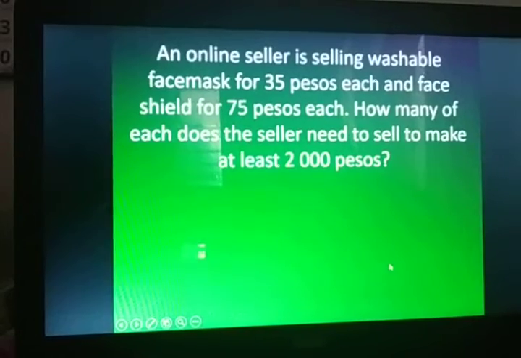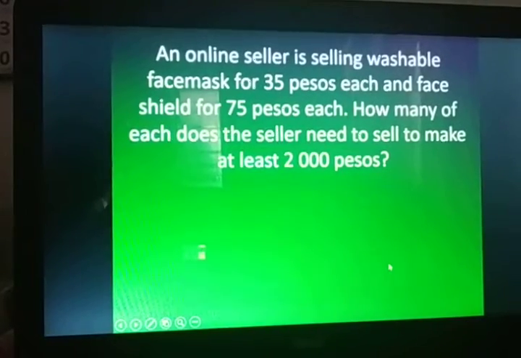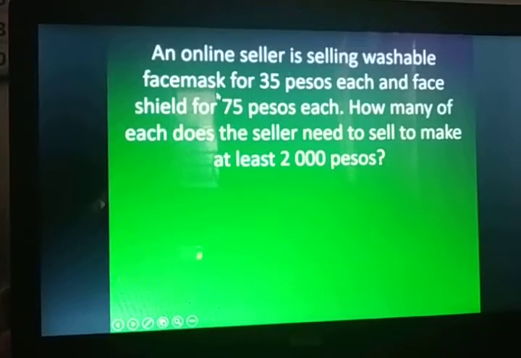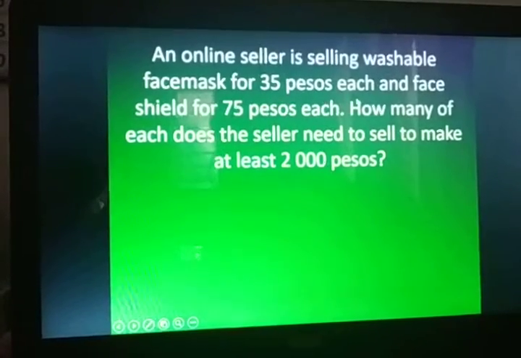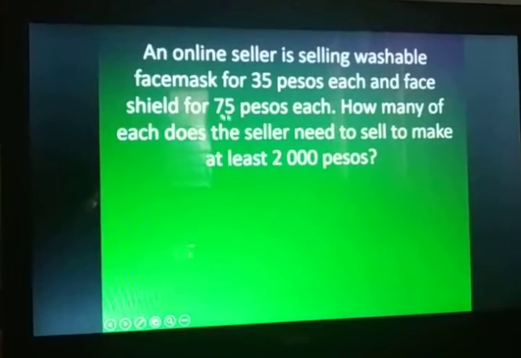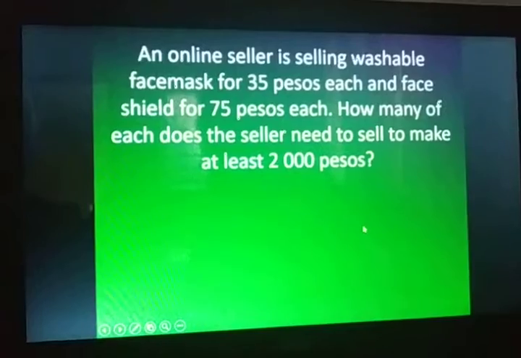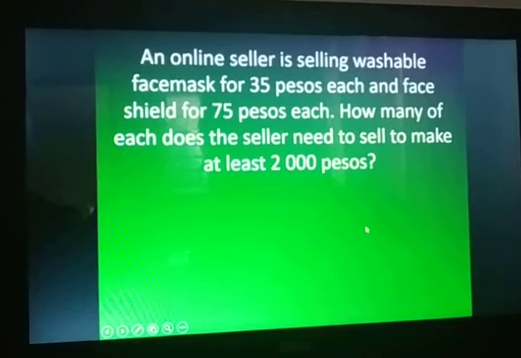Let us have this practical problem. An online seller is selling washable face mask for 35 pesos each and face shield for 75 pesos each. How many of each does the seller need to sell to make at least 2,000 pesos?